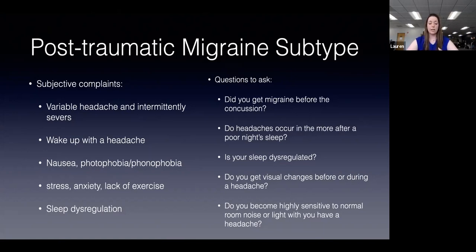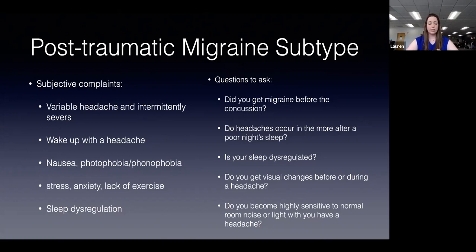They'll often wake up with a headache, which could be cervical in nature, but if they don't have cervical complaints, then it's likely migraine related. Will likely have the nausea, light and sound sensitivity, stress, anxiety, also usually a lack of exercise, sleep dysregulation.